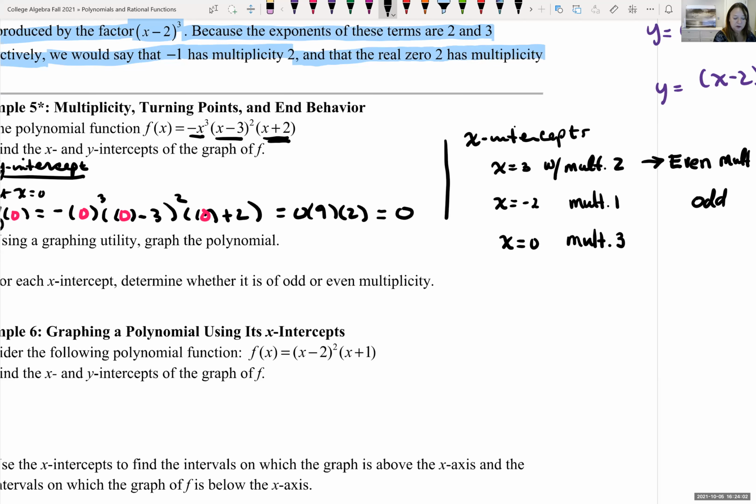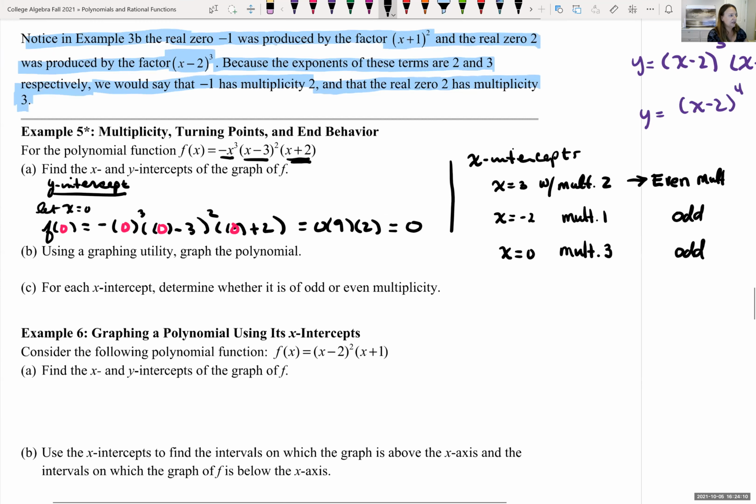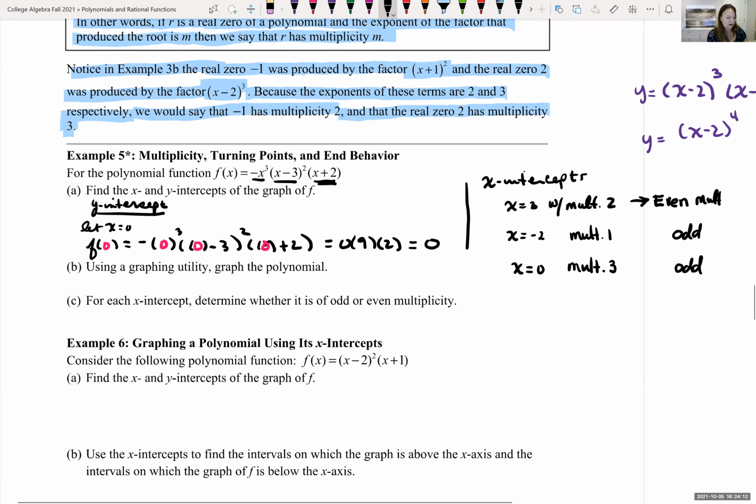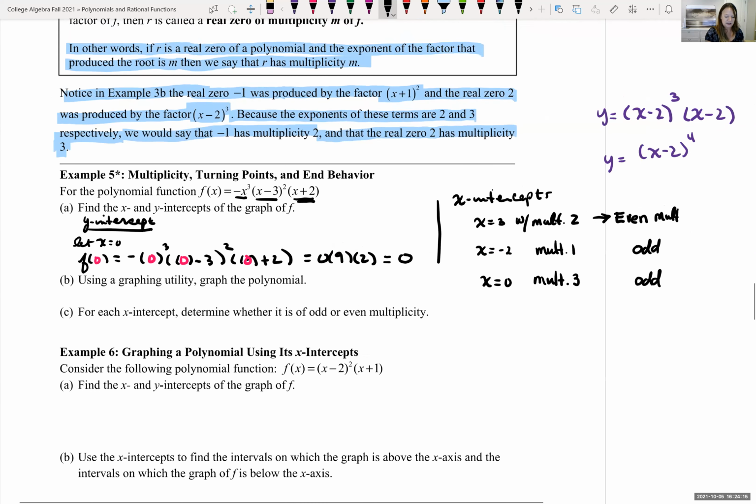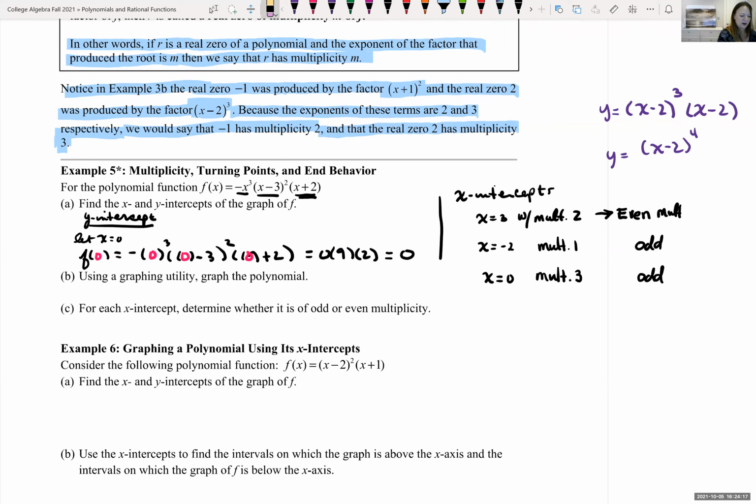X equals 0 had multiplicity 3, so this is also odd. So I'm going to plug this in so we can see what the graph looks like. It's going to tell us about what's going on at those intercepts, and we're going to see if we notice anything based off of even or odd.